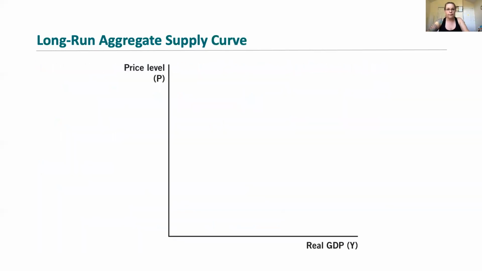Let's look at our graph. Again, we have the quantity of spending measured as real GDP on the horizontal x-axis. We have price levels relative to a price level of 100 in the defined base year measured on the vertical y-axis.